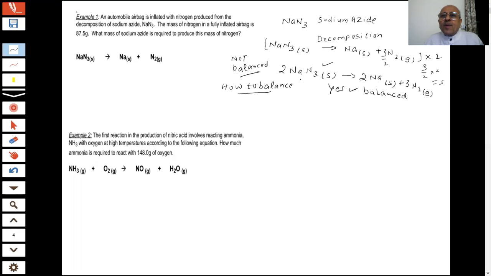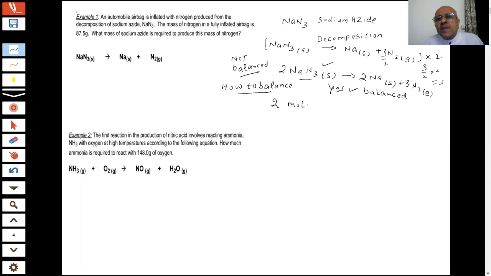This is what I mean to say, that when I say this is my reaction, what does it mean to us, students? Now we are interested to talk in terms of masses, molecules, moles. All it is telling me is that two molecules of this decompose to give 2 atoms of sodium and 3 molecules of nitrogen.